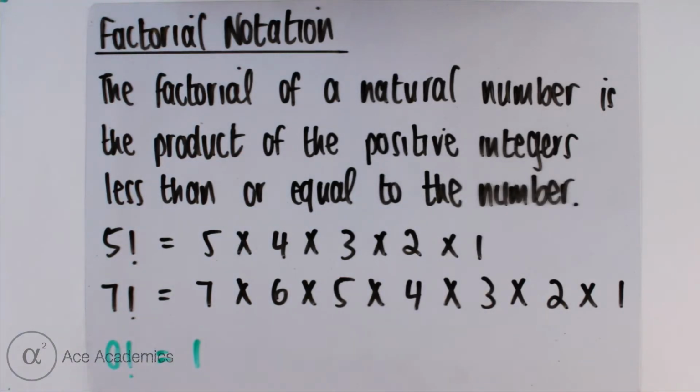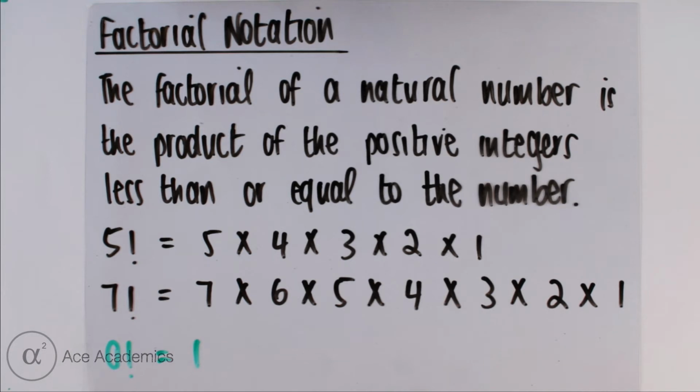Now let's look at a notation that will help us with these type of problems. In factorial notation, the factorial of a natural number is the product of the positive integers less than or equal to that number. Let's look at 5 factorial as an example. 5 factorial is equal to 5 multiplied by 4 multiplied by 3 multiplied by 2 multiplied by 1. 7 factorial is 7 multiplied by 6 multiplied by 5 multiplied by 4 multiplied by 3 multiplied by 2 multiplied by 1.